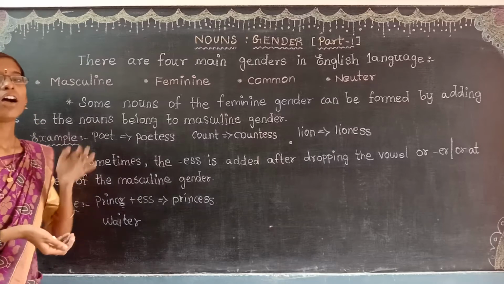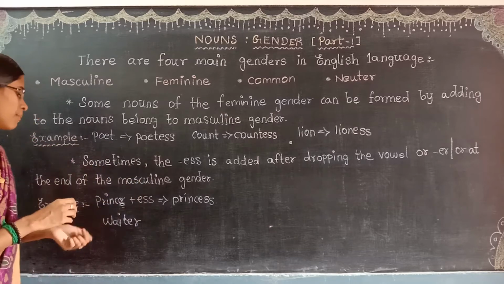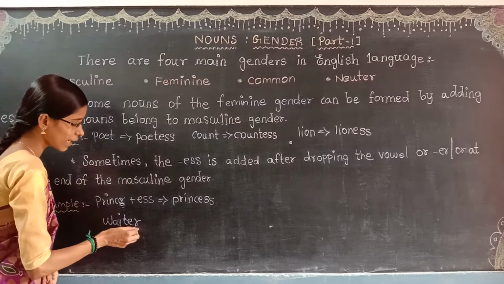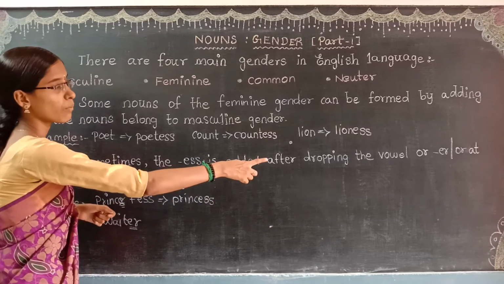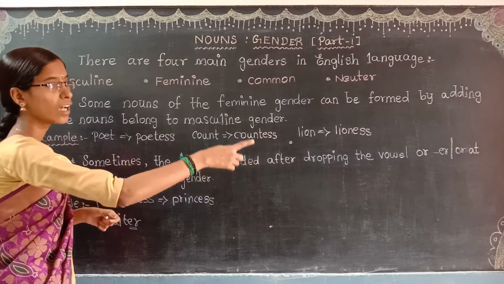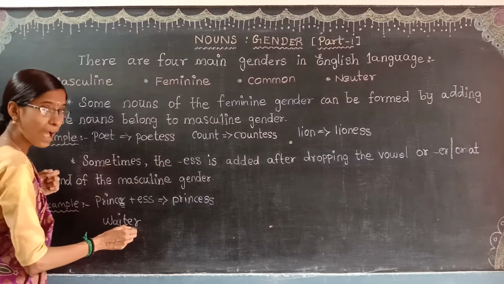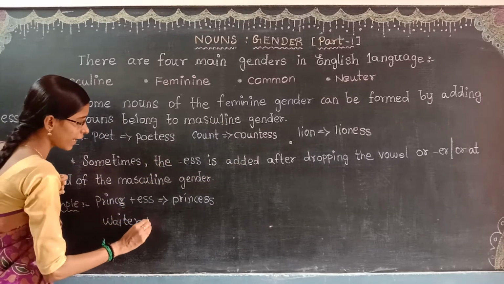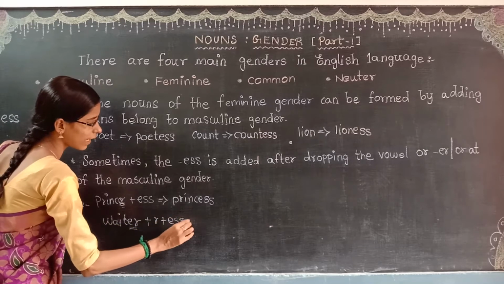So if a waiter is a female, then how will you say it? By just removing ER from it. Okay, you have to remove ER. We have two rules. One is dropping the vowel or removing ER or OR at the end of the masculine gender. Here you have to remove the ER and then you have to add ESS.